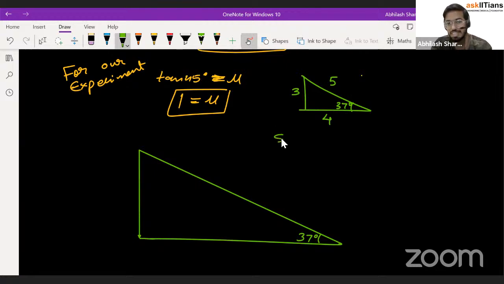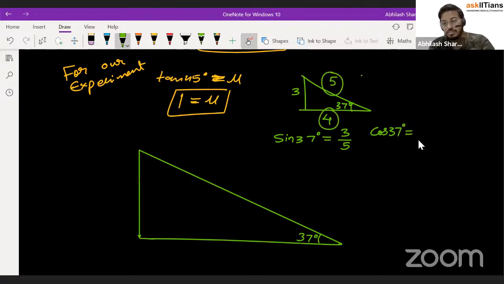Just check what is sine 37: perpendicular by hypotenuse, right? That is 3 by 5. And cos 37 is base by hypotenuse, 4 by 5. So see, both of them are rational. That's why 37 degrees is the best we can imagine.